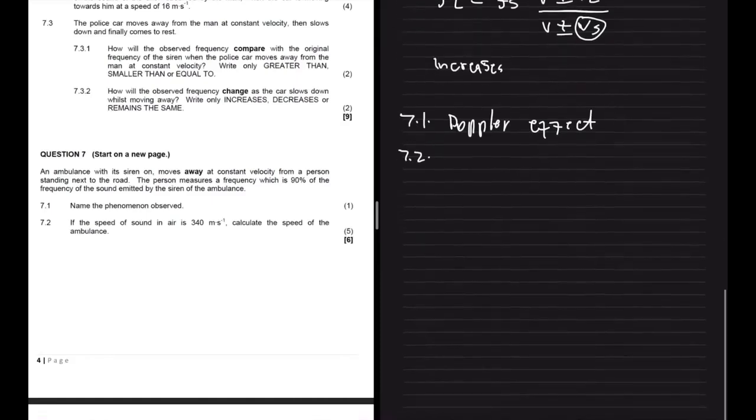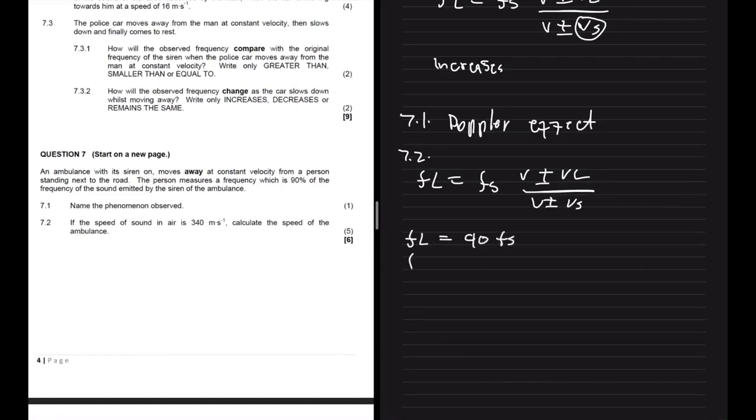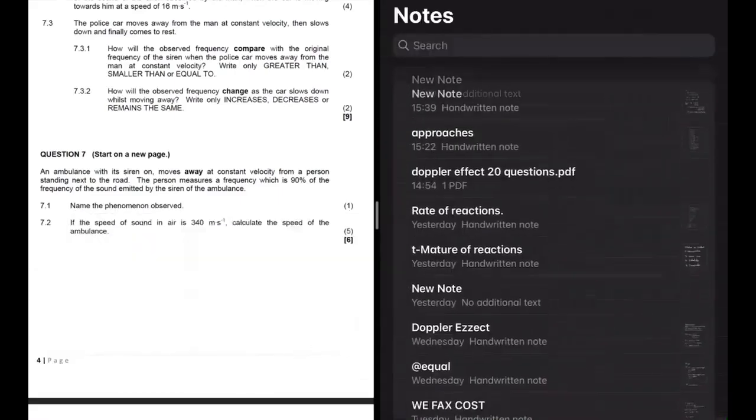So we have FL equals FS, V plus or minus VL divided by V plus or minus VS. FL, that which is observed, equals 90% FS, not 90 FS. And then V is just the speed of sound. I'm very sorry for that.